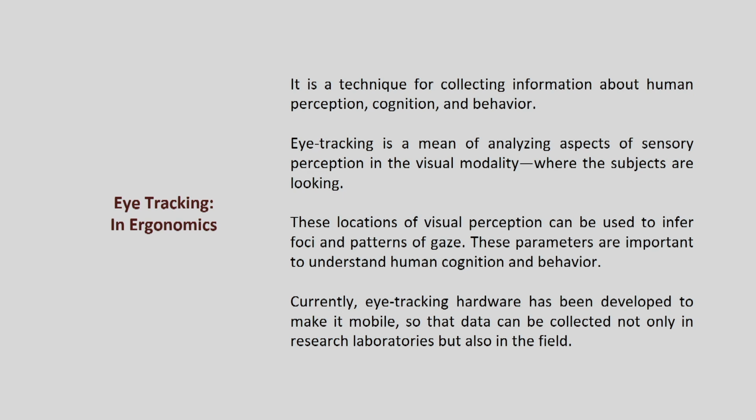Eye tracking also helps cognitive ergonomics because it helps to understand the perception of a particular product, if it is integrated mainly with the EEG system. Okay. So that helps a lot.